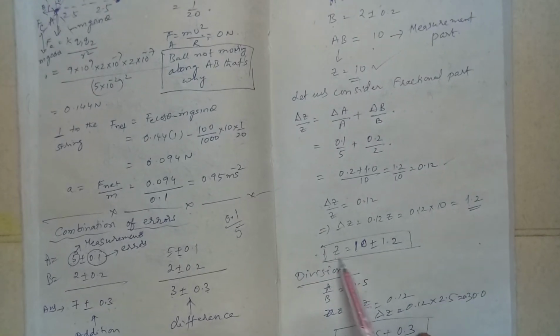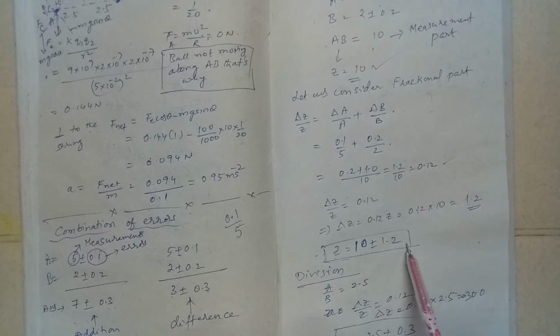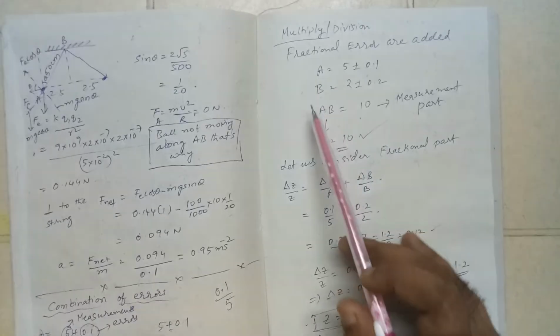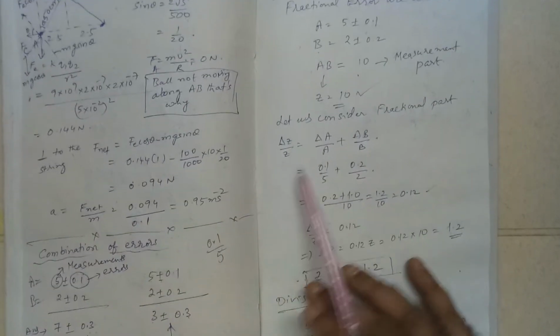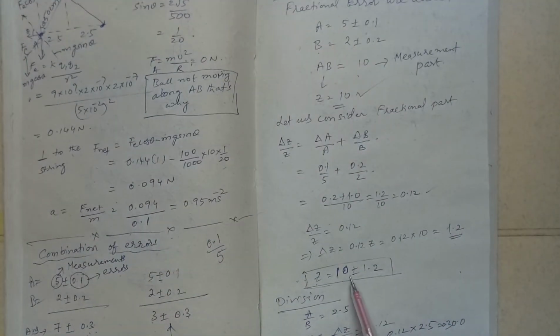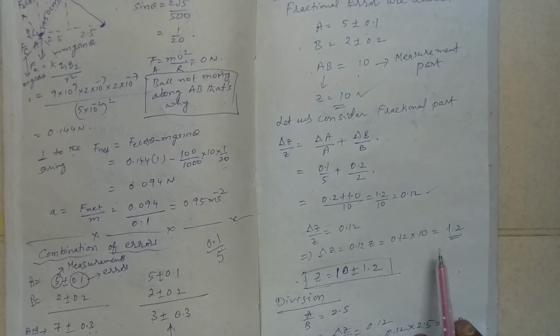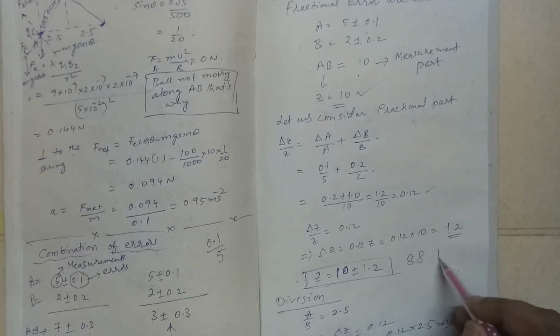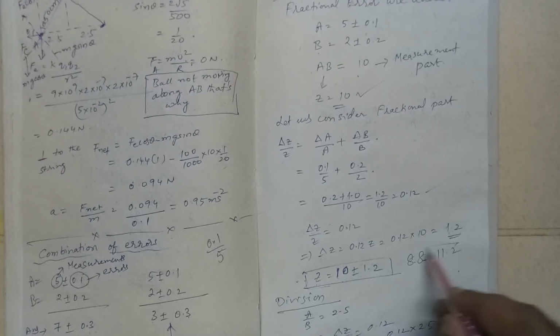Z is equal to 10 plus or minus 1.2. So if I take two physical quantities A and B and multiply them, my total answer will be 10 plus or minus 1.2. Within this range my measurement error will range. That means 8.8 to 11.2. This will be my error zone.